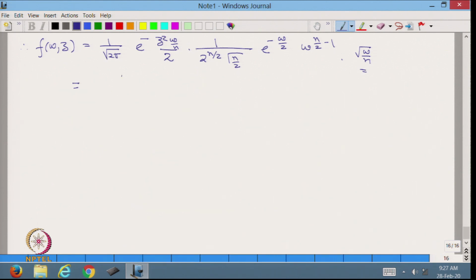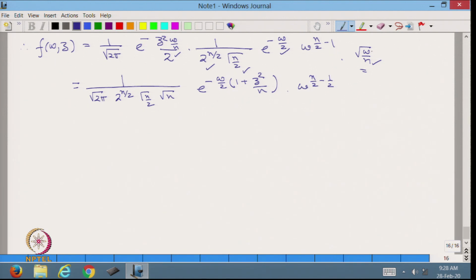Let us take out all the constants, 1 over root over 2 pi 2 to the power n by 2 gamma n by 2 and root over n, multiplied by e to the power minus w by 2 into 1 plus z square by n, into w to the power n by 2 minus half, because we get w power half from there.